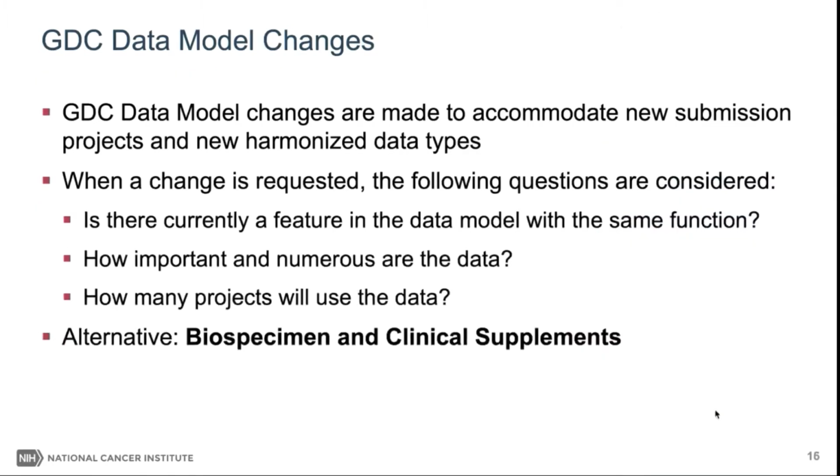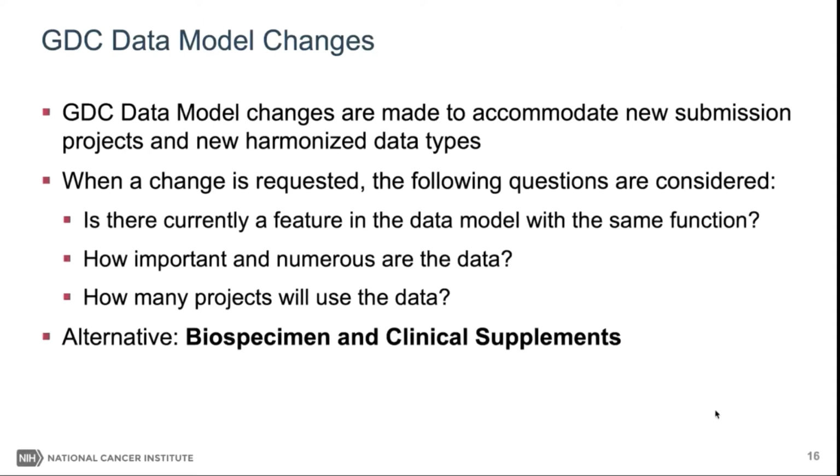So one question that we at the GDC get a lot is, how do we decide which data model changes are made? So how do we make this consideration? And I'm going to go over a very basic format, but Tara goes into a lot more depth about this. So in a basic sense, the GDC data model changes are made to accommodate new submission projects.